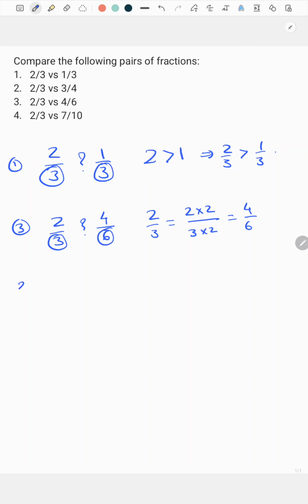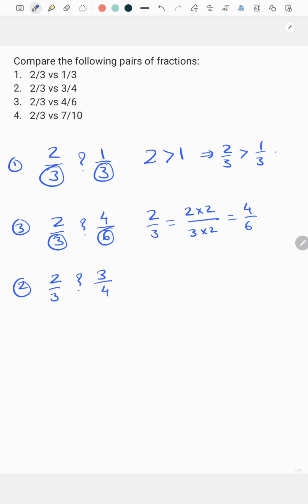Now let's talk about a general method of equalizing denominators, because in the third case, we lucked out. We got two denominators that were multiples of each other, but in general they may or may not be multiples of each other. So let's talk about example number 2 here, which is 2/3 versus 3/4.